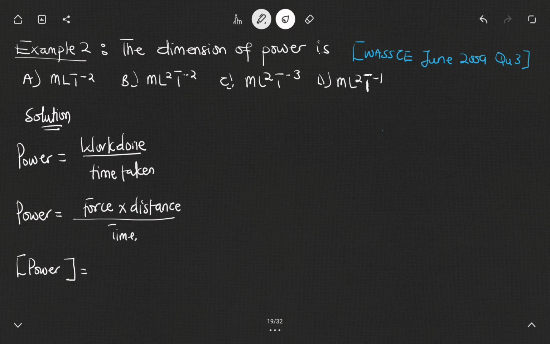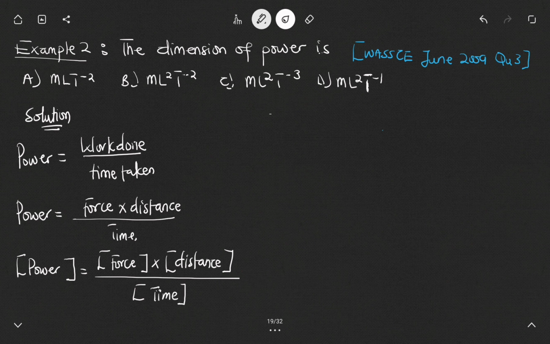In the previous example we saw the dimension for force, so I will not go through it again. But if you don't know, you break it down like I did in the previous example, and then you get your dimensions. I won't do that since we just saw the dimension for force. So I just apply the dimension for all of them here, and this is what I will get.